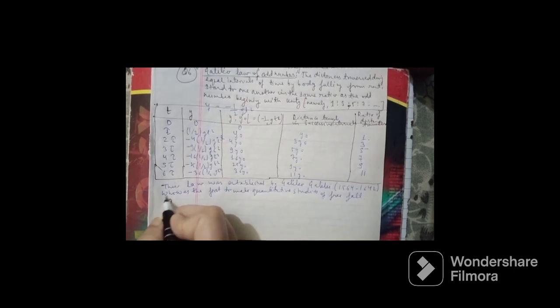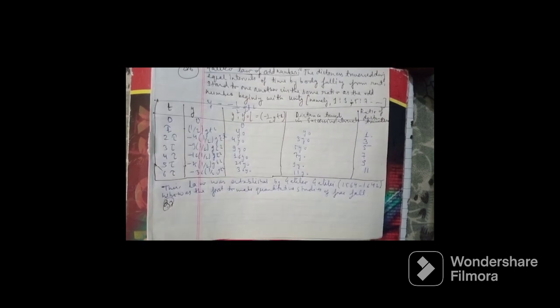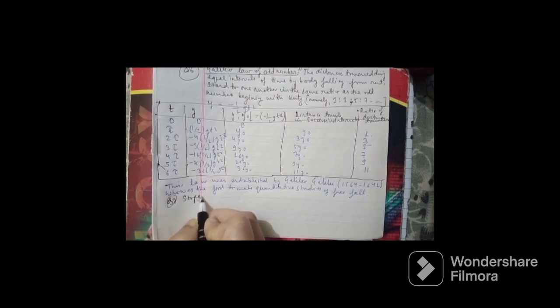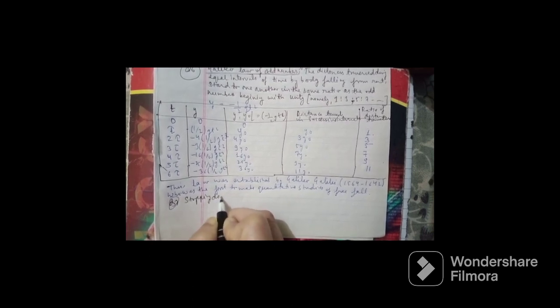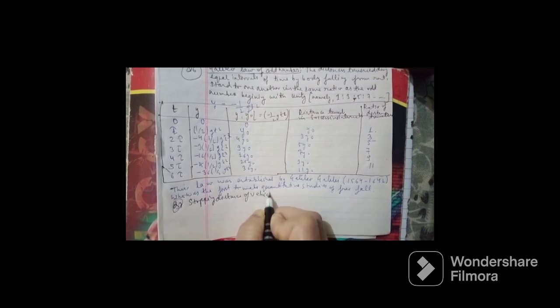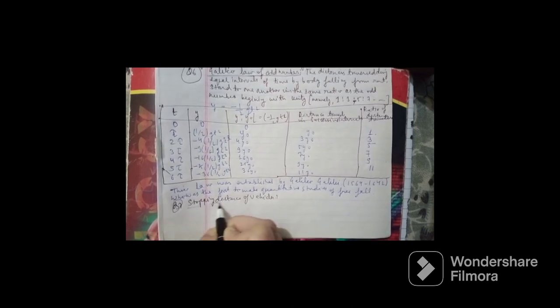Okay, now we go for another question that we have here, the 7th question of the session. The question is all about the stopping distance of a vehicle.